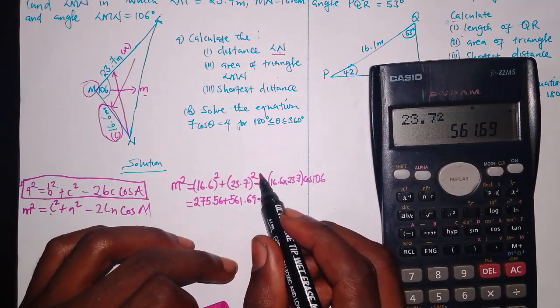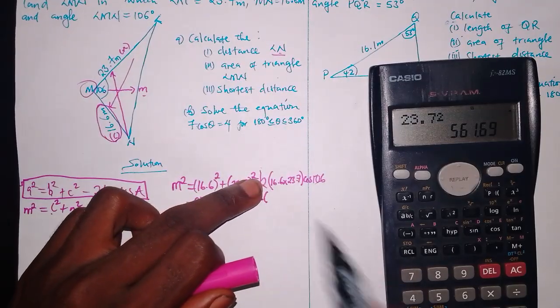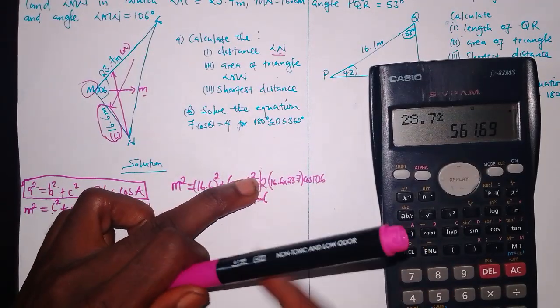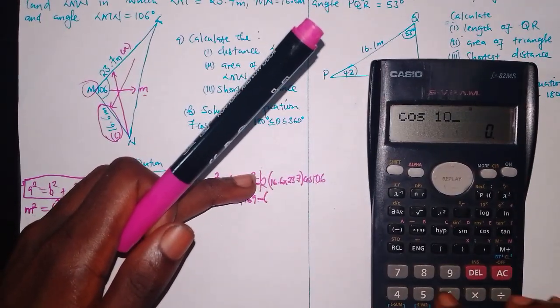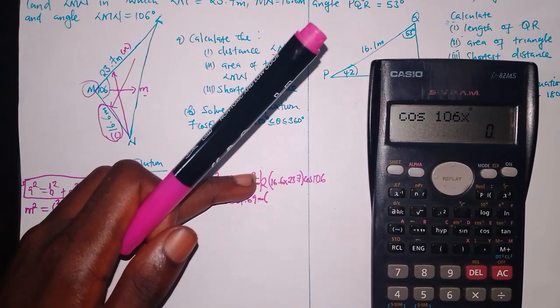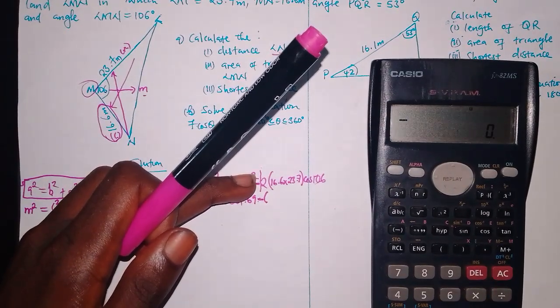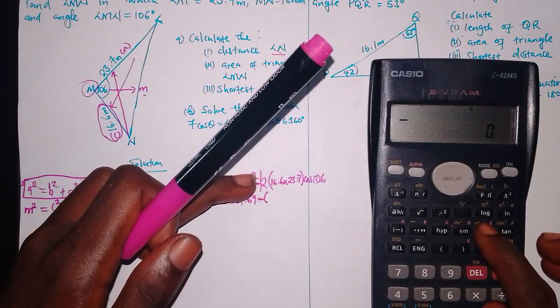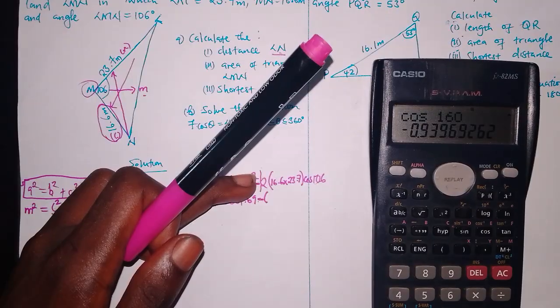So when I say minus, meaning I will start multiplying from 2 as positive 2. Remember, so you say now cos 106 times 23.7 times 6. Oh, first thing, you just say first cos 106, then you place equals.